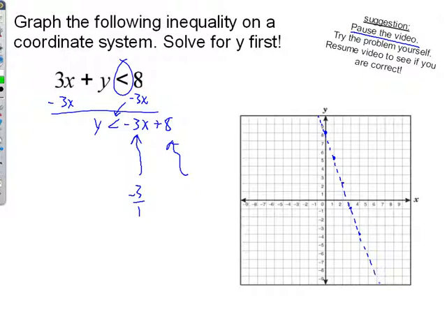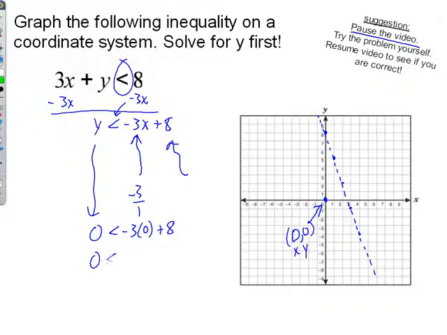All right, and now I'm going to test something. With 0, 0, I want you to notice that it is not on the line, so it's okay to test. I didn't mention it earlier, but if 0, 0 is actually on the line, then don't test that point, because that's not going to tell you whether to shade on one side of the line or the other. So I'm going to put it into this equation, because this is where my line is. 0 less than negative 3 times 0 plus 8.